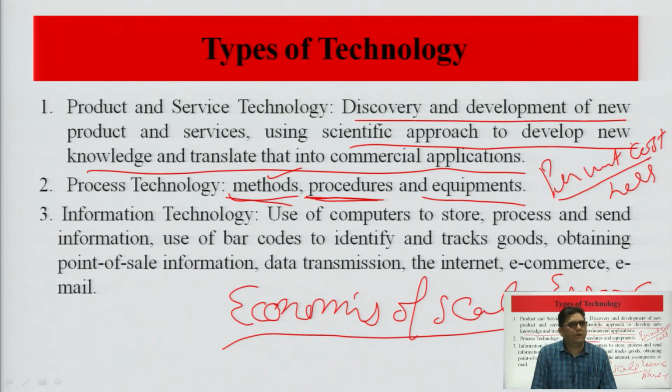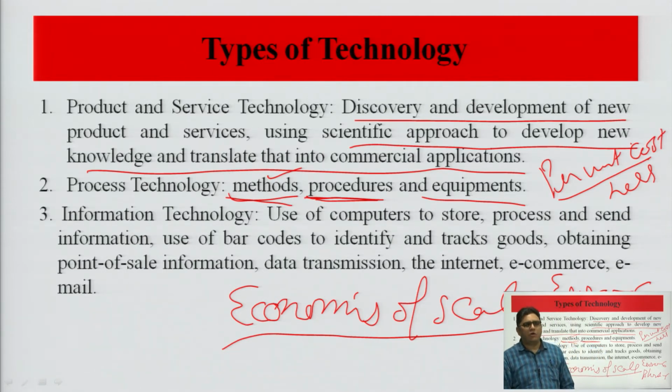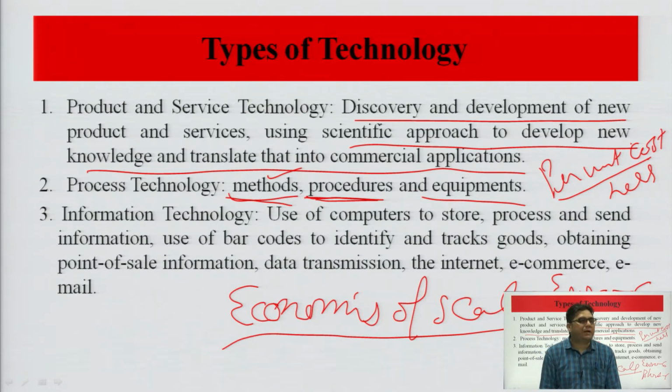Even in a distillery or milk dairy, we may use new methods, new procedures or new equipment so that productivity can be enhanced. In agriculture, MSP is a contentious issue nowadays. Farmers are on strike.